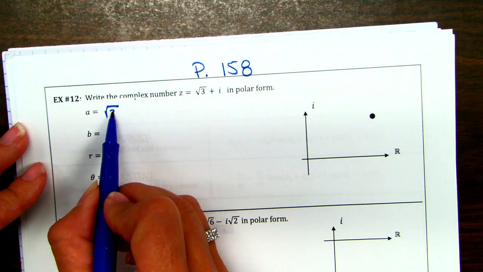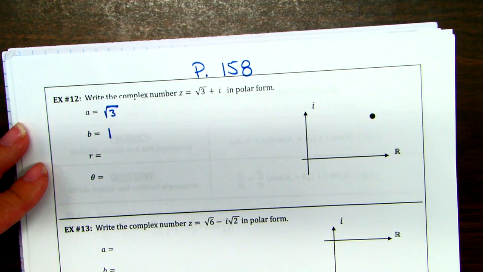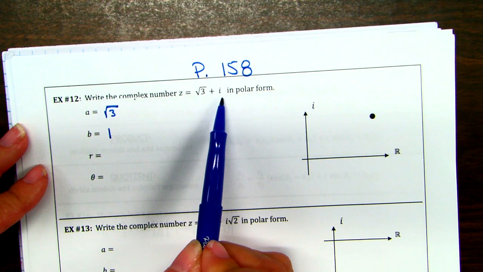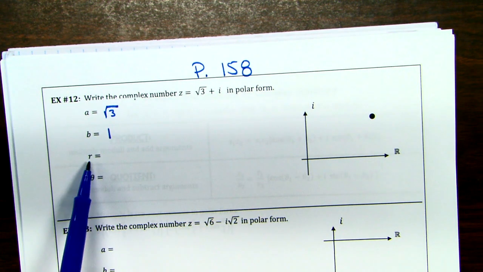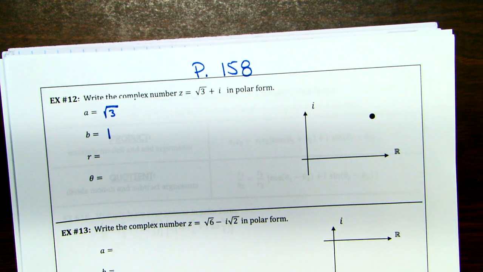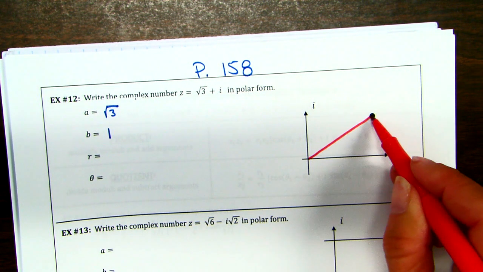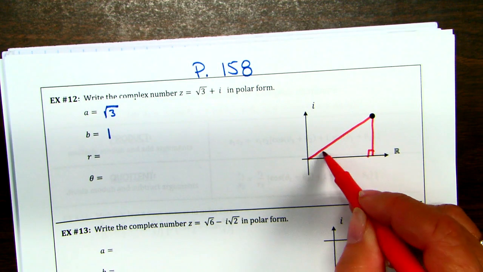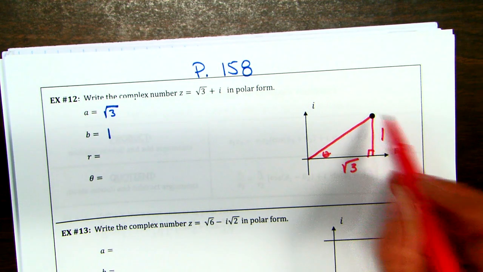So if this is rectangular form, we have A and we have B. Remember, this is A plus BI, so 1 would be the number in front of our I. What we need is R and theta, and we're going to use those formulas that we just were talking about. Well, R is just the hypotenuse, right? This is a right triangle here where we go to the right the square root of 3, up 1 to get to this point.